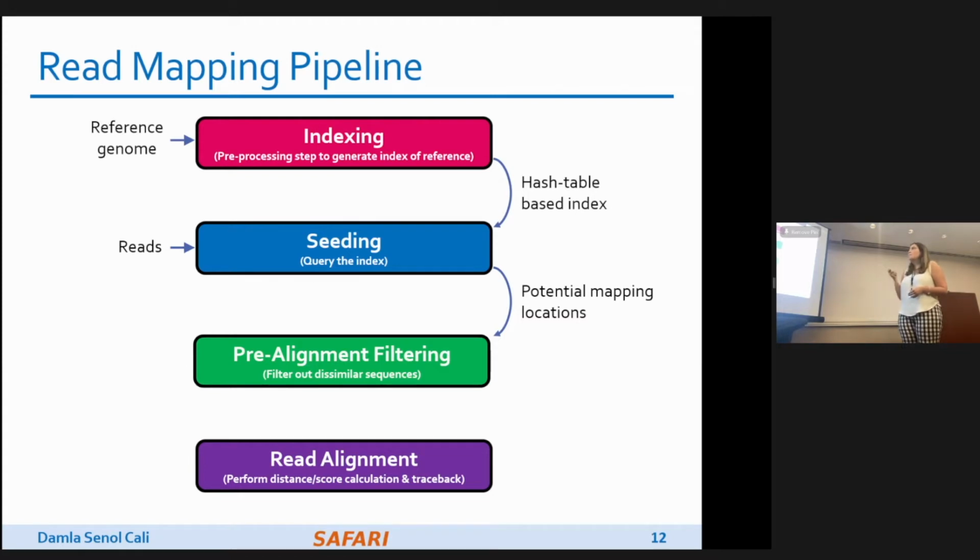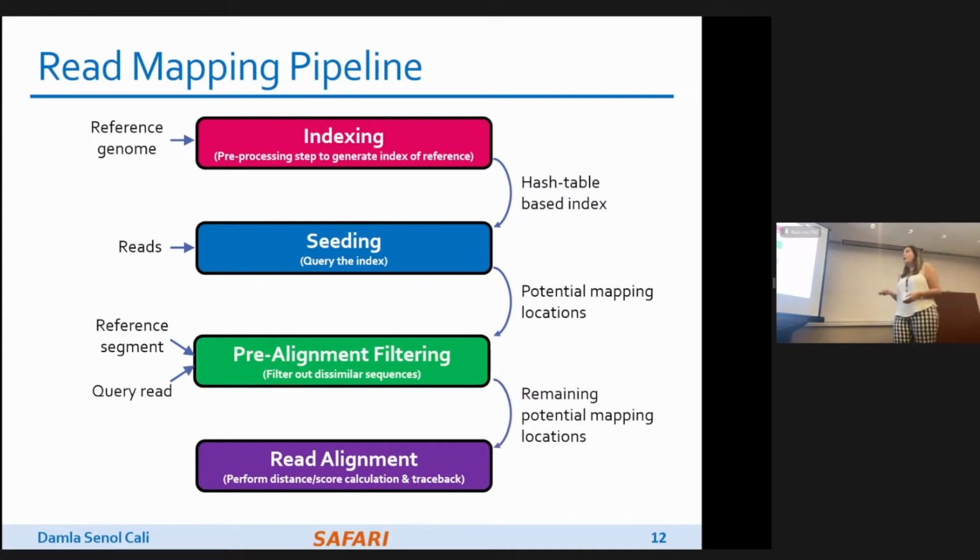In this step, the goal is to get the reference segments from the second step and the query read itself and see whether they are similar enough to send for read alignment. But if they are dissimilar enough, then we can discard them and not send them for the alignment step. With this optional step, as I said, we can get the inputs directly from seeding, but this helps us to decrease the burden on the alignment step.